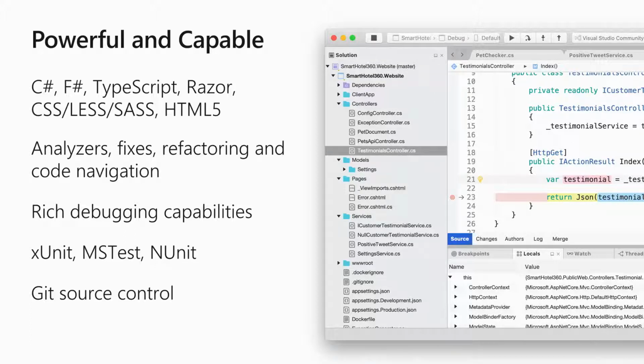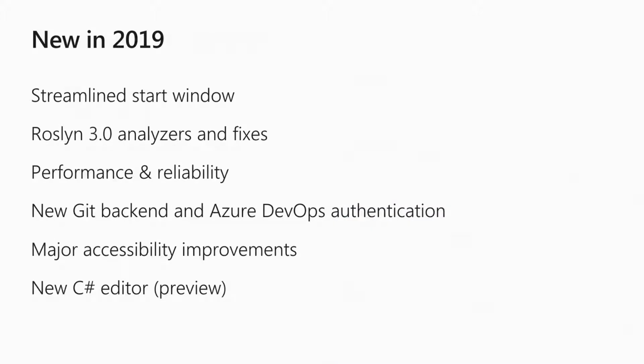A rich debugger across all those scenarios. I didn't cover it, but we also have XUnit and MSTest and NUnit support. We also have Git source control built in, and in 2019 we've also added a new backend for that, so it'll be more reliable.